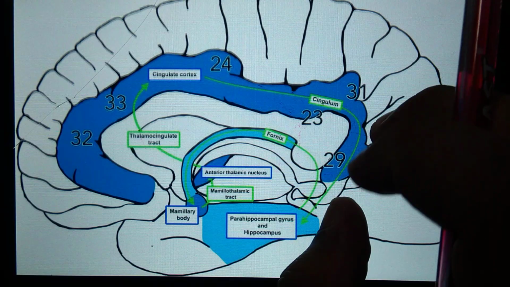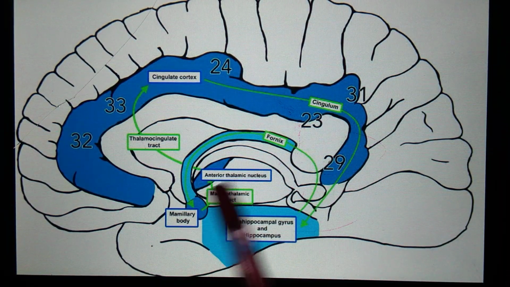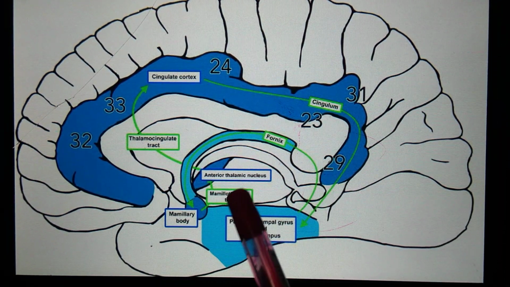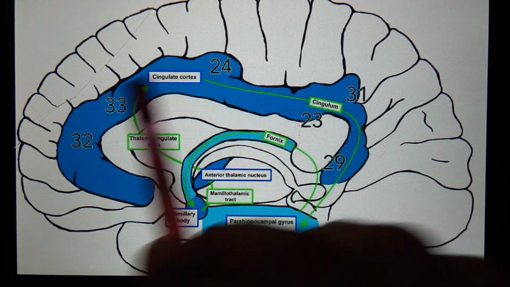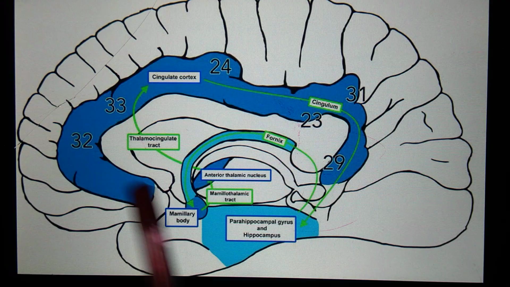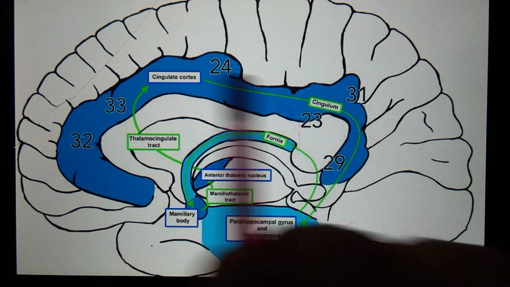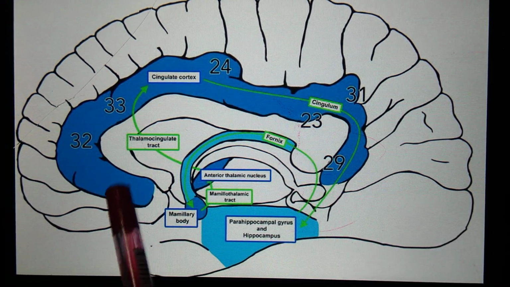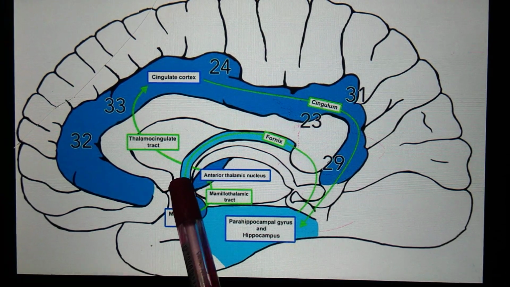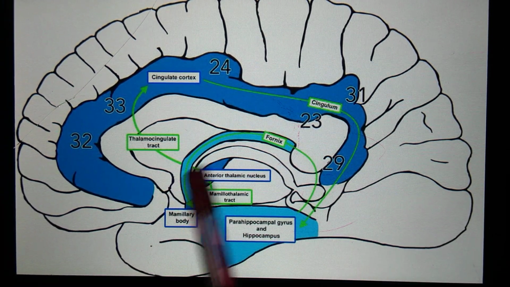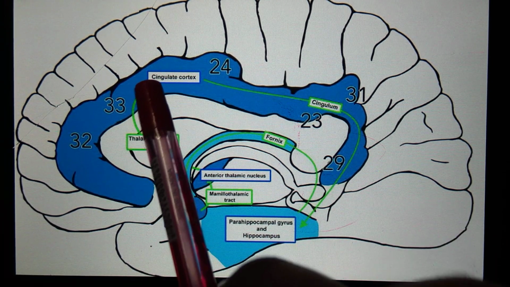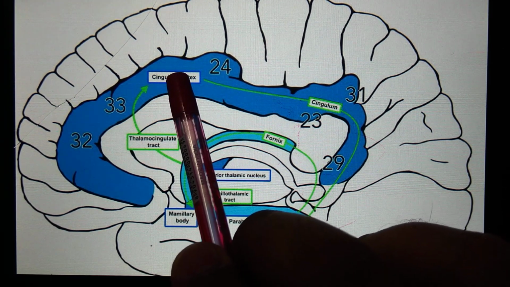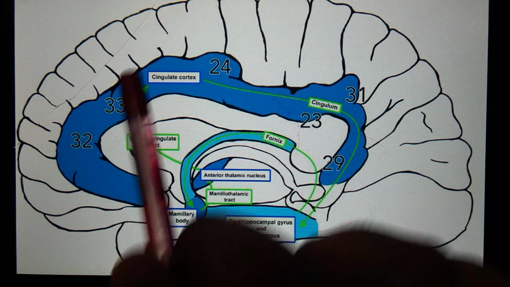Now from the anterior thalamic nucleus, the information goes to the cingulate gyrus, which is located above the corpus callosum, via the thalamo-cingulate tract. These fibers arise from the anterior nucleus of the thalamus and go up to the cingulate gyrus; that's why they are called the thalamo-cingulate tract.